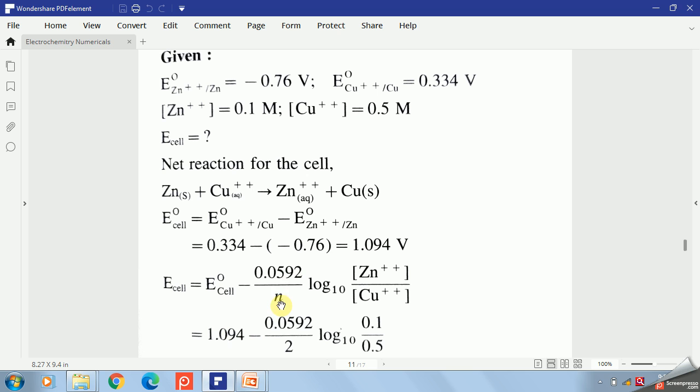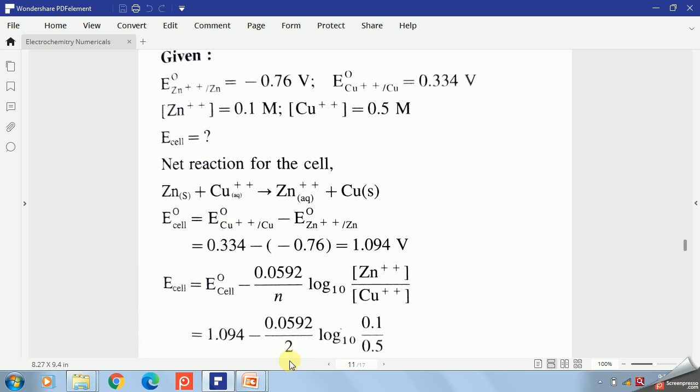minus 0.0592. What is n? n is the number of electrons transferred. The reactions are not given here, but you write the reaction. Anodic oxidation is Zn gives Zn2+ plus 2 electrons, and the 2 electrons are gained by Cu2+. So Cu2+ plus 2 electrons gives Cu, and if you combine these two reactions, then we get the overall reaction.